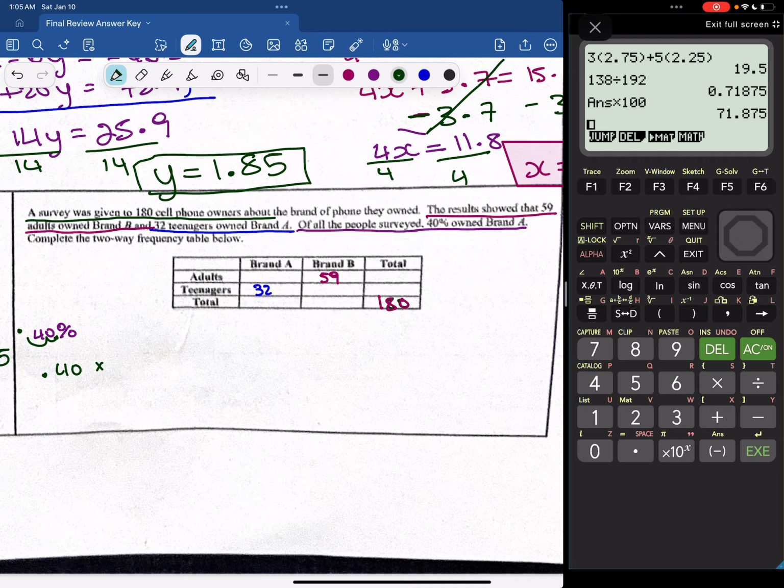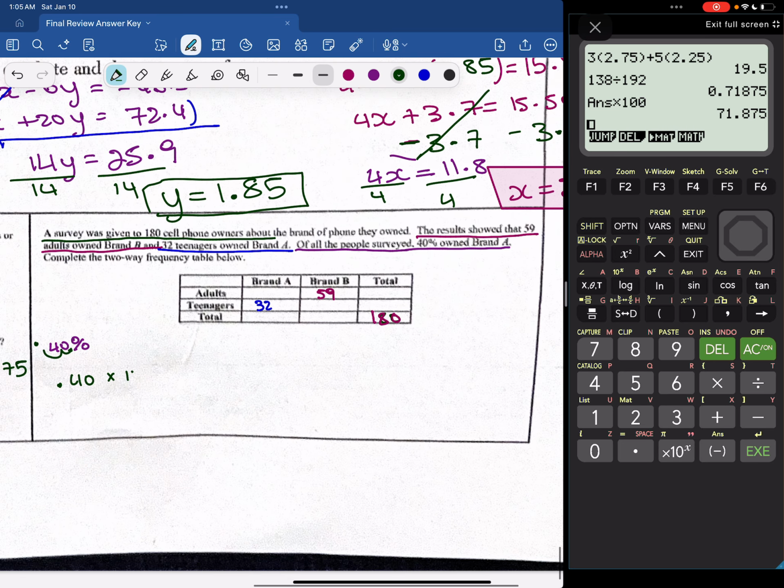So we would do 0.40 times 180, and then we would convert that to the whole number. Put that in your calculator, and you would see that I think it's going to be around 70 something, 72. 0.40 times 180.